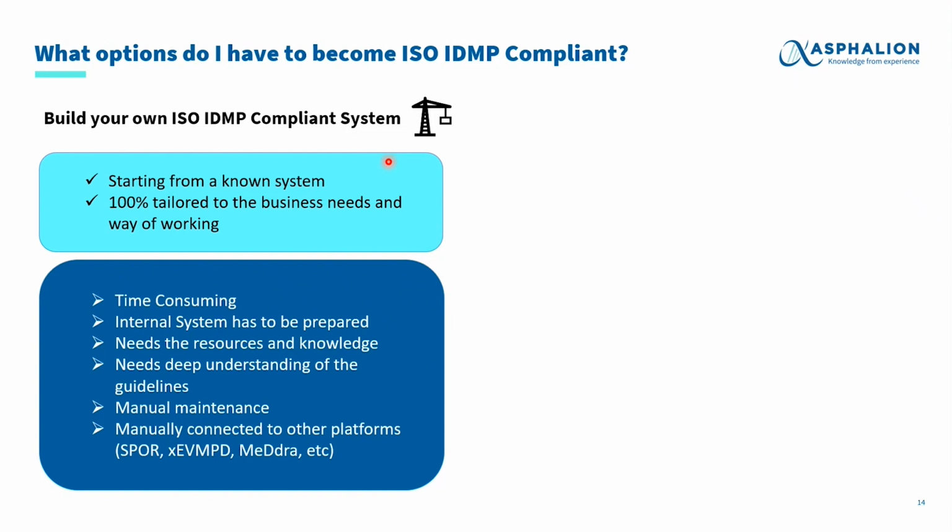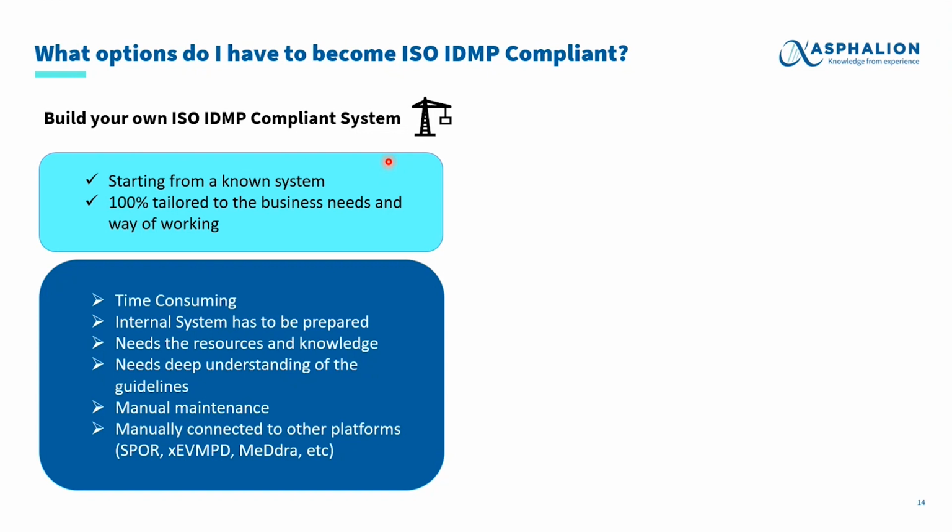We also have to keep in mind that this system will have to be manually maintained. For example, if there is any problem, or if the EMA makes any update of the guidelines or any change in the data structure, all these changes will have to be assessed manually and internally.